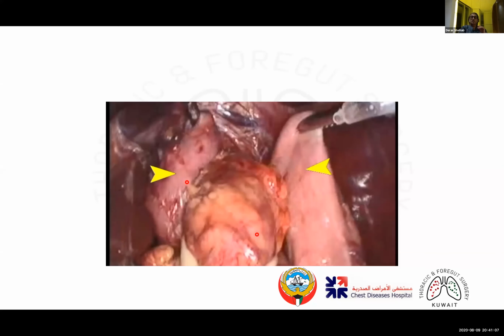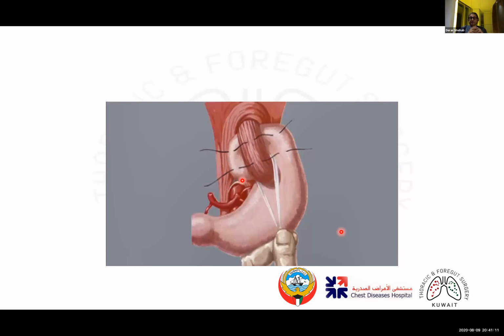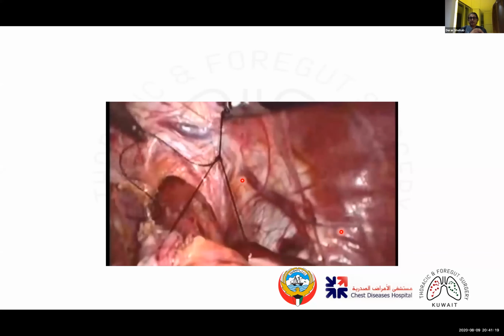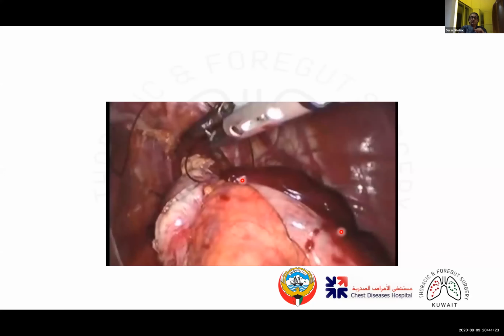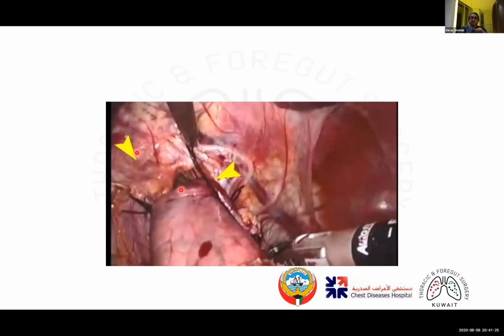For the fundoplication, you have to ensure that you have enough mobility of the fundus. I do something called a shoeshine maneuver, to make sure that they are not under tension, and then wrap up your surgery by doing fundoplication, either complete fundoplication or partial fundoplication.